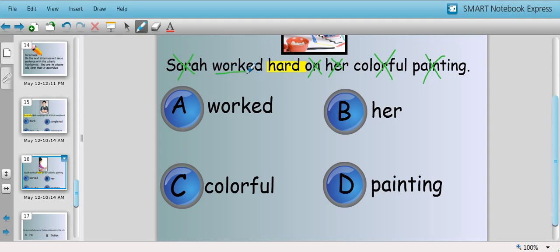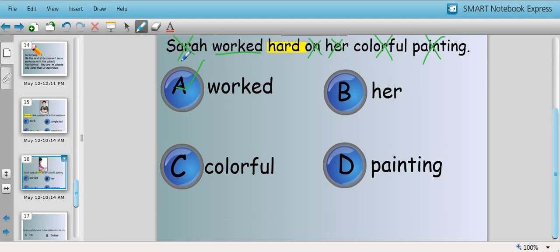So it leaves us with worked. It tells us either how, when, or where Sarah worked. Sarah worked hard on her colorful painting. This tells us how Sarah worked. She worked hard.